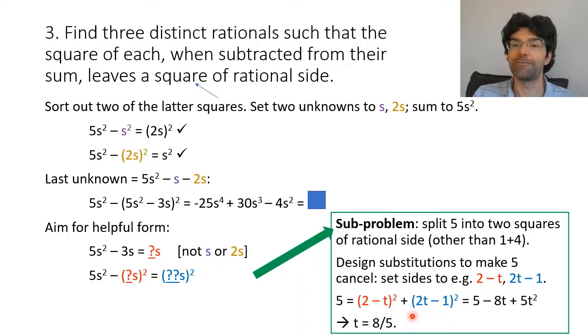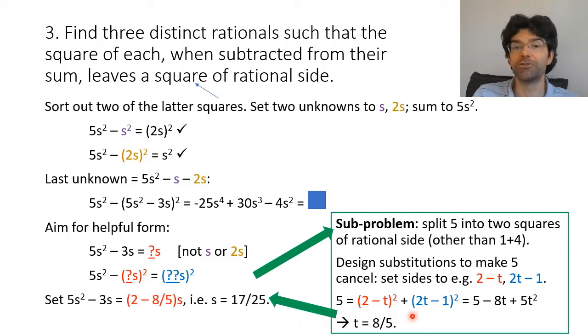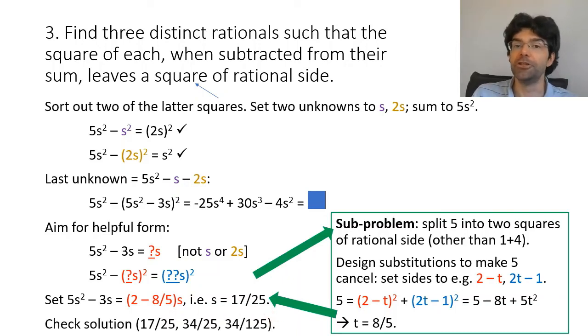And then armed with that fact, we can go back and say, well, let's set 5s squared minus 3s to be 2s over 5. That allows us to derive a value for s, and then we can check it and see that it does in fact produce a solution with distinct and positive rational numbers, as Diophantus requires us to do.